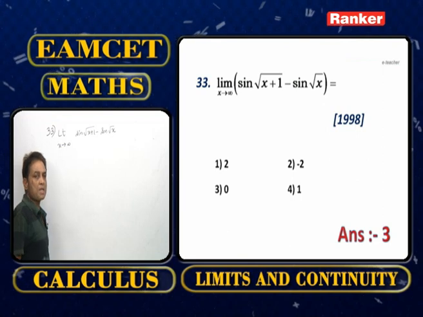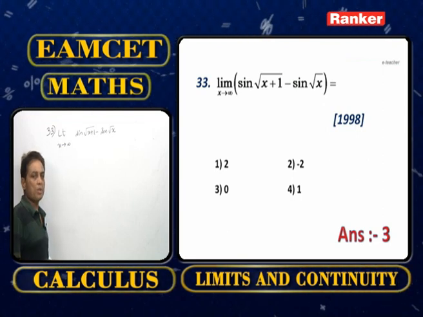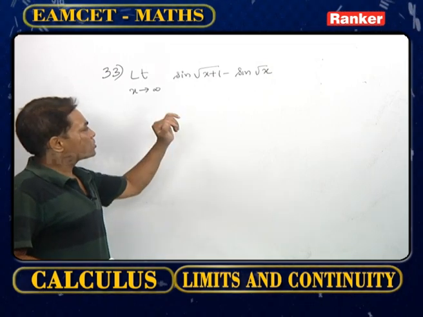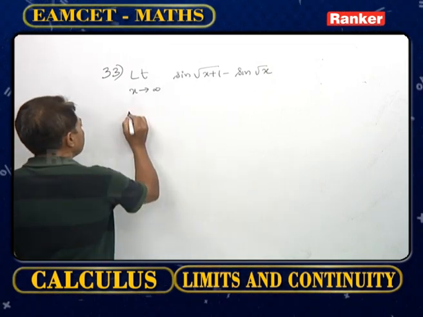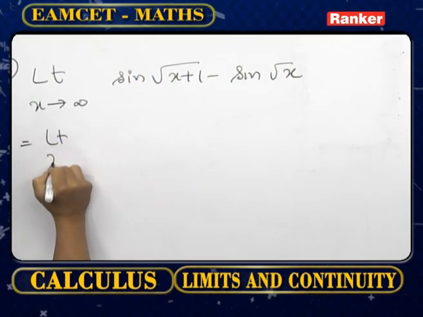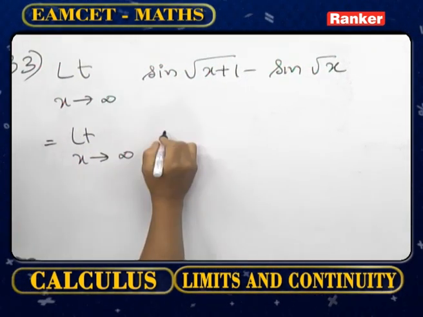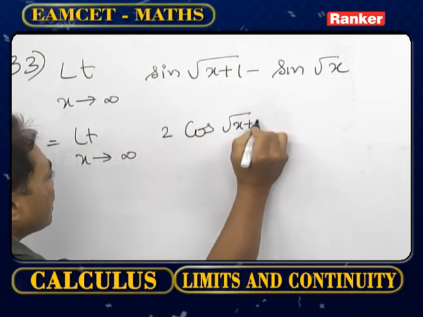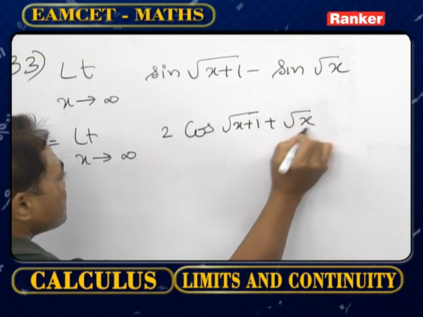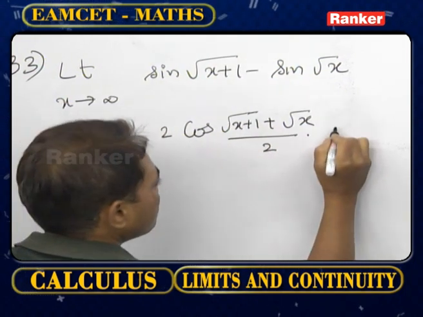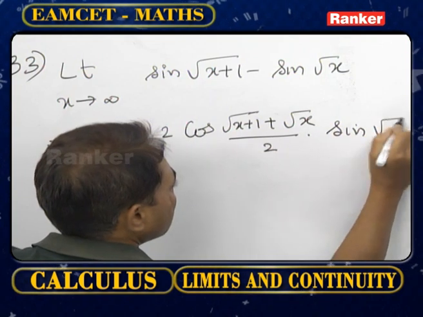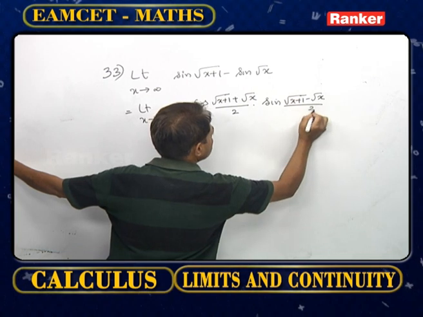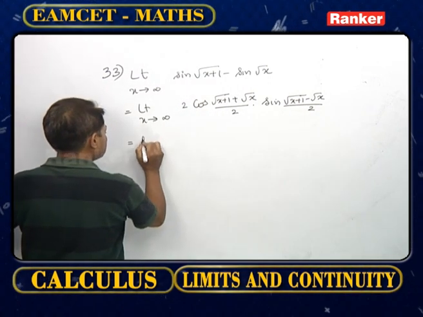So, we can apply sin c minus sin d. Previously, we applied cos c minus cos d, the trigonometry transformation formula. Now, let us go for sin c minus sin d. Let us see what we get. What is sin c minus sin d? 2 cos of (c plus d) by 2 into sin of (c minus d) by 2, right. Let us see.